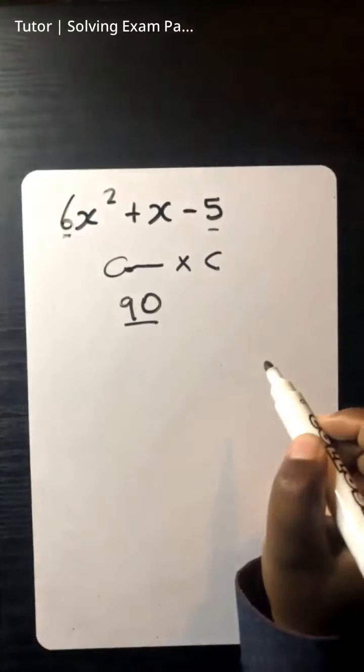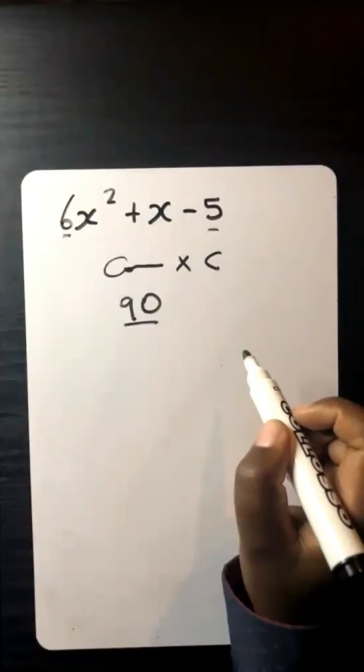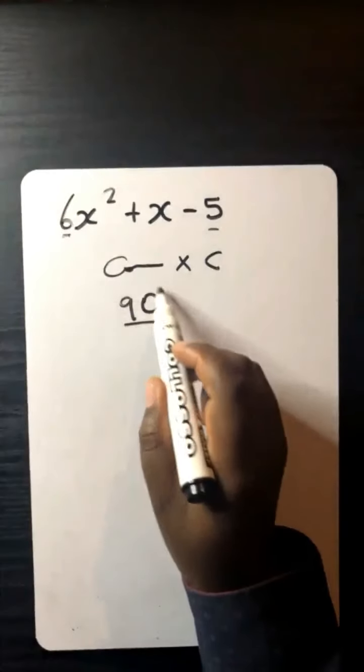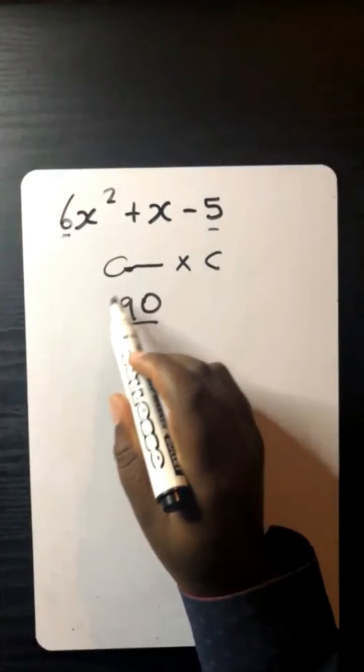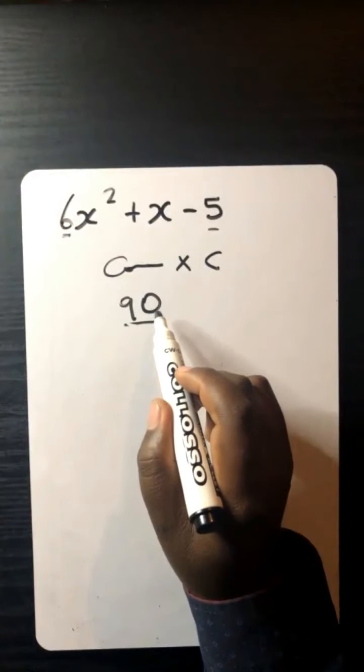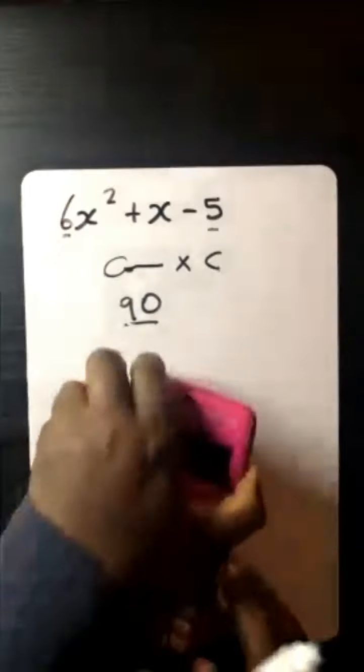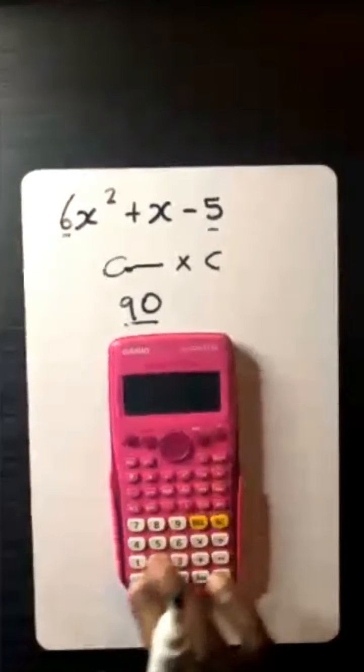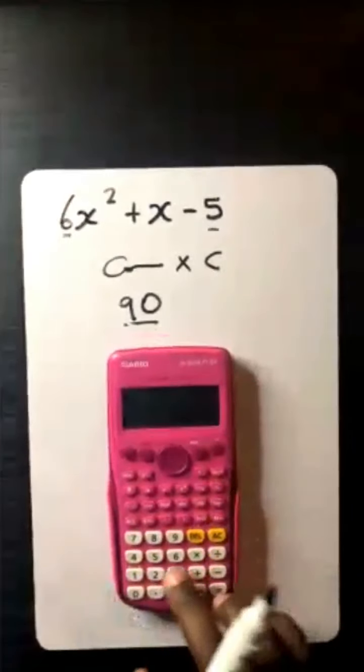Now that you know you've got 90, they say what two numbers, when you multiply together, will give you 90 and still give you the middle term, which is 1. So what are those, guys? If you are able to tell, you can just give me those factors.